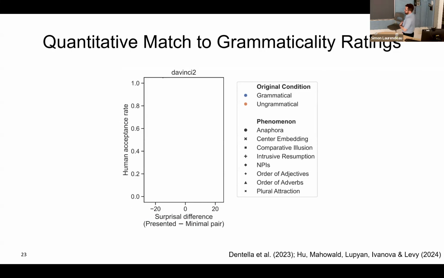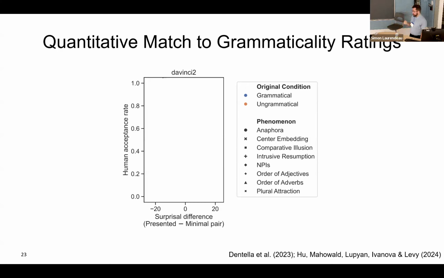Furthermore, what's really interesting here is that when you take this approach, you can actually get a quantitative picture of grammaticalness. What I'm going to show here on the y-axis is the results of a human experiment where people were just shown a bunch of sentences and asked, is this grammatical, thumbs up, or ungrammatical, thumbs down? People were not shown minimal pairs, just individual sentences.